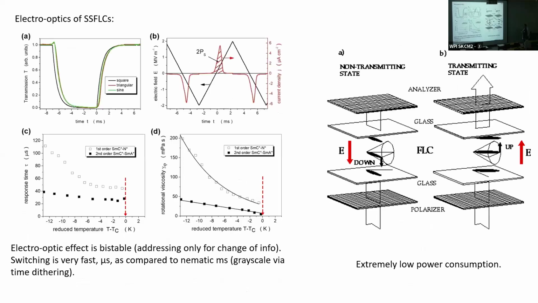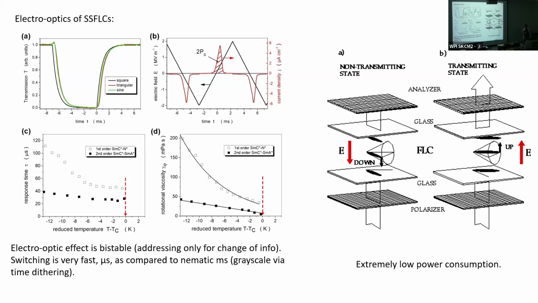Okay, and the electro-optics are, of course, quite interesting for these ferroelectrics, because we said you're switching from one state to the other, right? So that means you have either transmission on or transmission off. So it is actually a sort of digital switching.